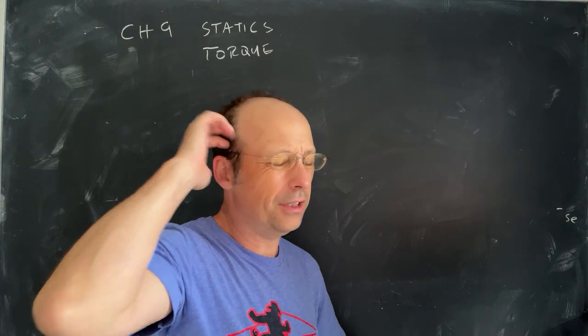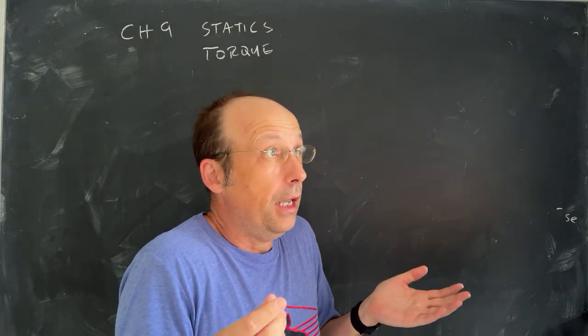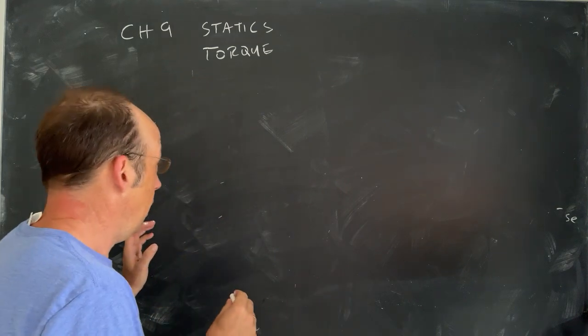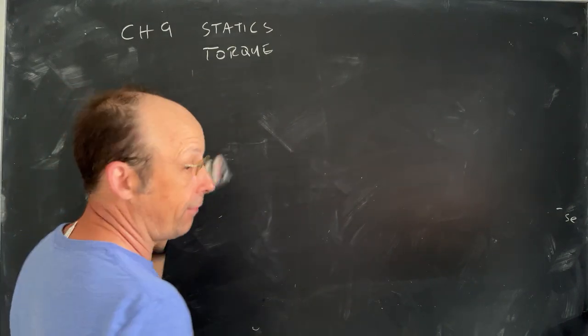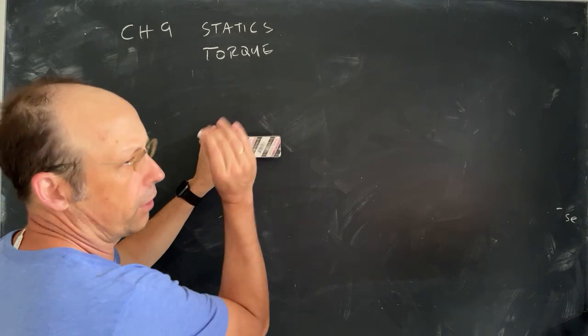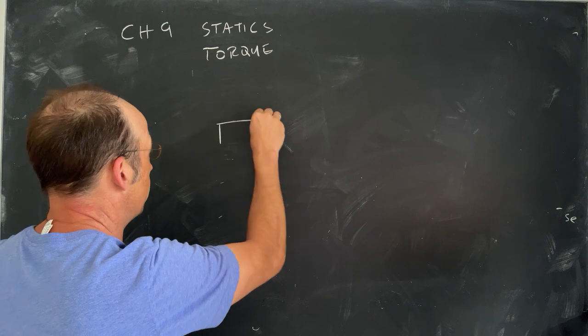Equilibrium. The chapter says statics and torque, and statics means equilibrium. In the past, suppose I had an object, let's say this eraser, and I have it in equilibrium. We're looking down on it, so we're worried about just the plane of the board. So here's my eraser.